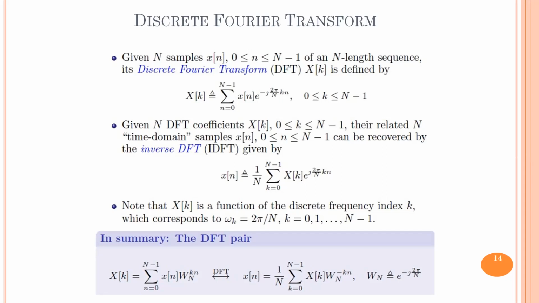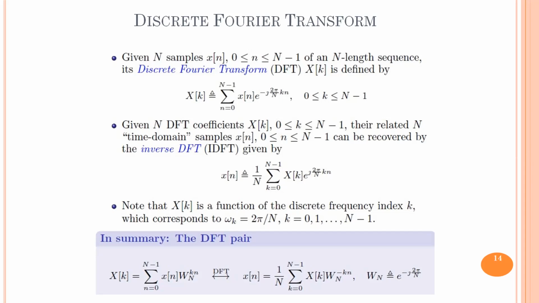One is sigma n equals 0 to N minus 1 x(n) W power nk suffix capital N. That is for the discrete Fourier transform.